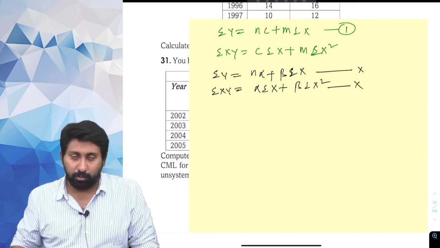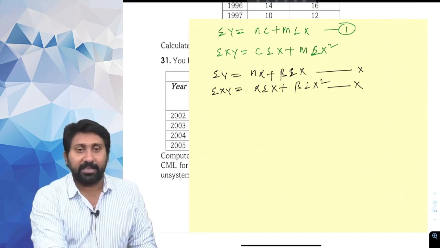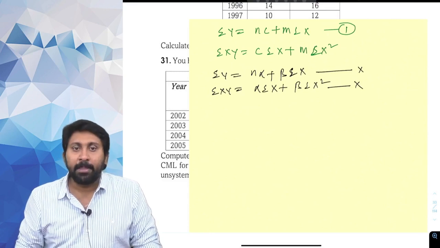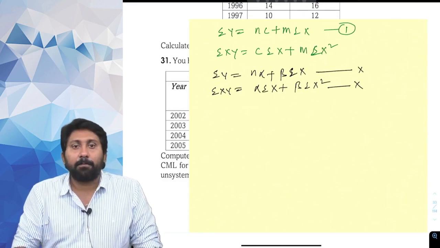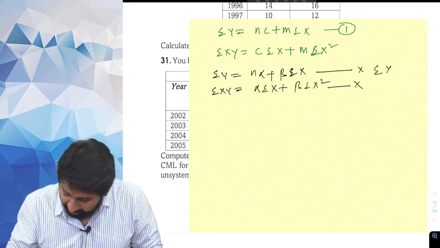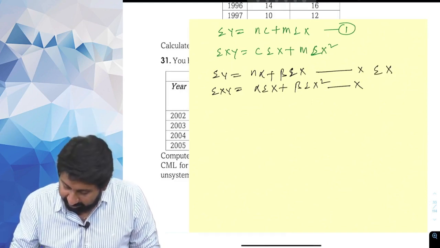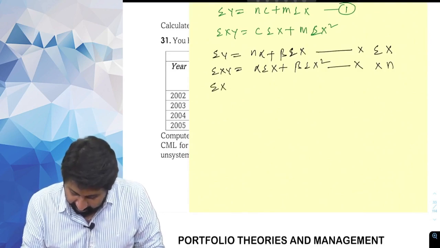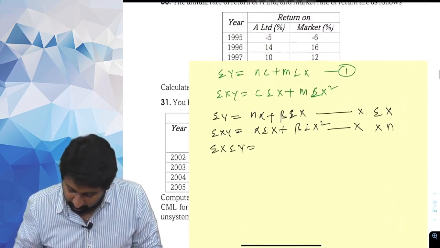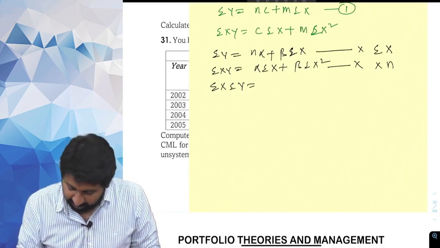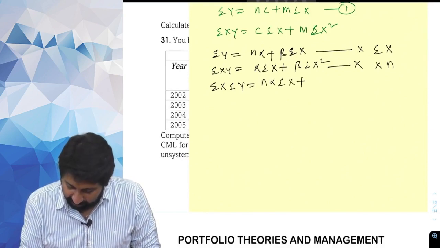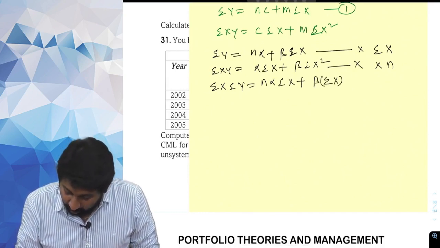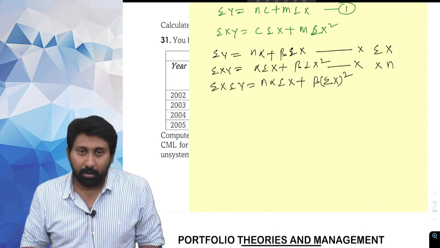If you multiply equation 1 with sigma x, we get sigma x sigma y equal to n alpha sigma x plus beta sigma x the whole square.